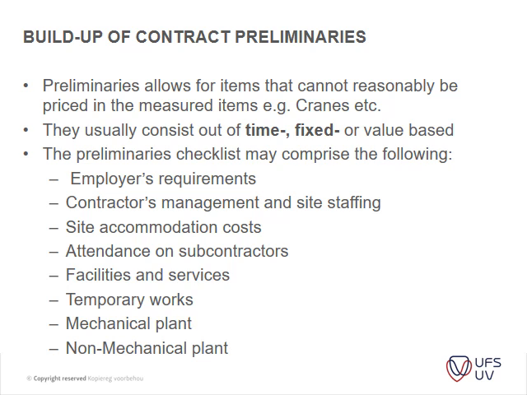They usually consist of time, fixed or value-based items. The preliminary checklist may comprise the following: the employer's requirements, contract management and site staffing, site accommodation cost, attendance and subcontractors, facilities and services, temporary works, mechanical plant, non-mechanical plant.